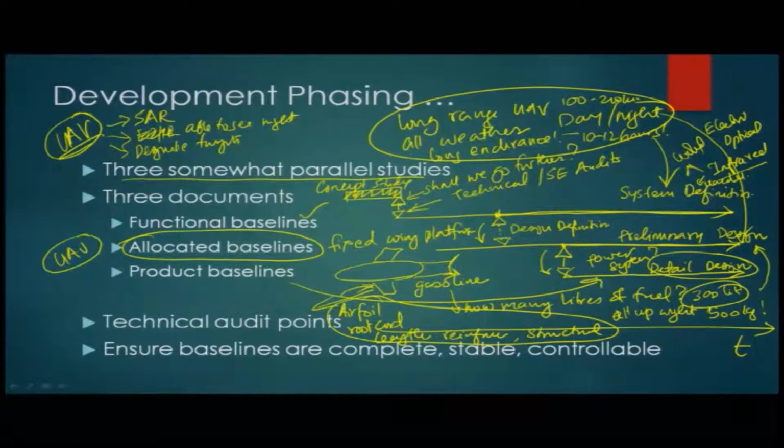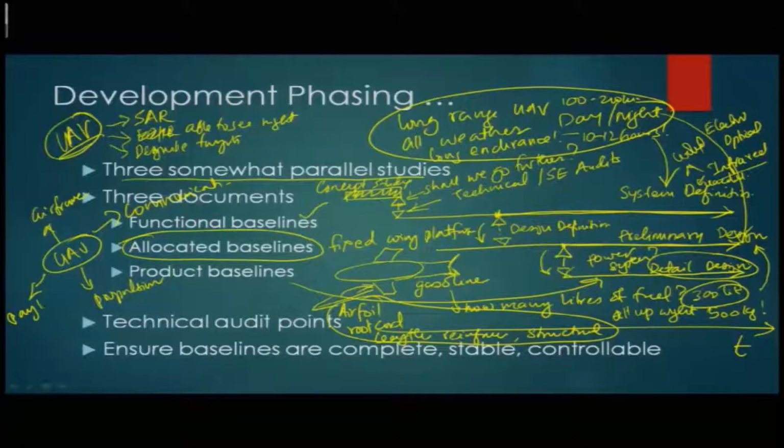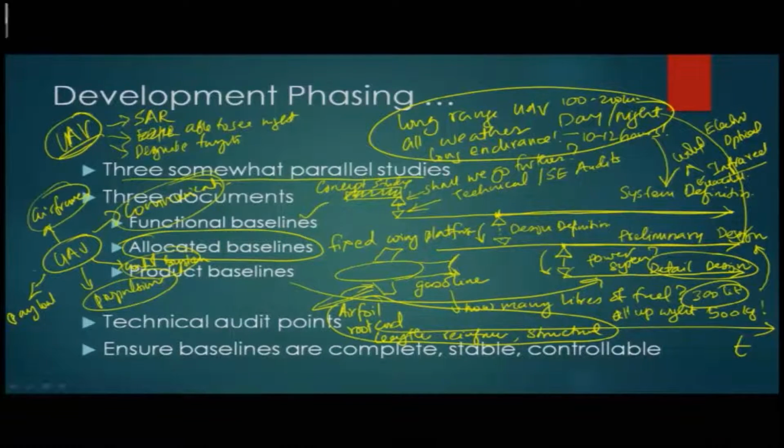The UAV will have an airframe, it will have a propulsion, it will have a communication, it will have a payload, and it will also have a control system. So broadly, in the functional baseline, we will talk about all these things in a broader sense. In allocated baselines, we start talking about these ones, and then from there we start specifying much further into detail what the aspects of the system are.